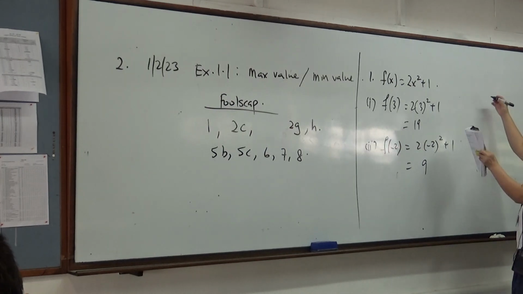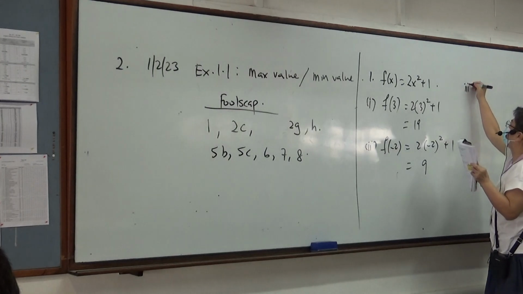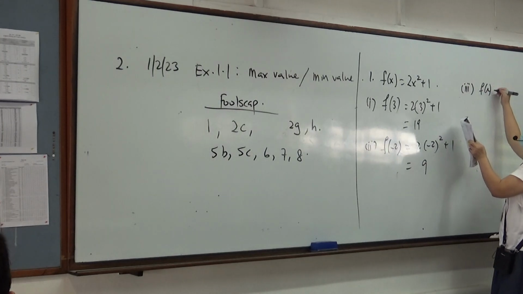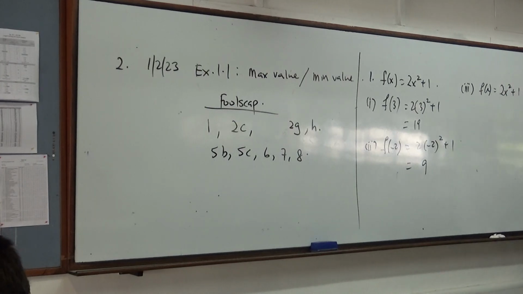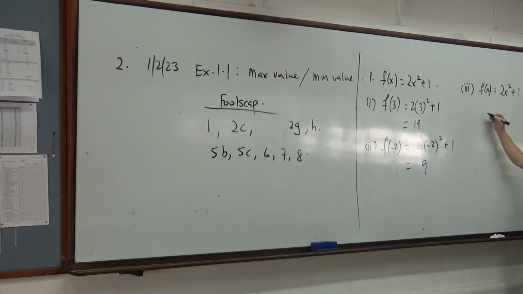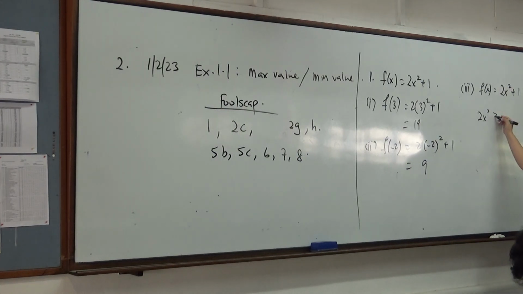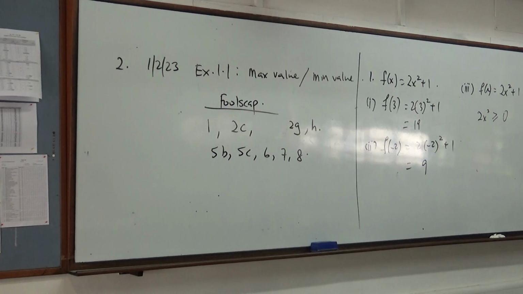All possible real values of f(x). Do you agree that 2x squared is always bigger than or equal to 0? Because it's always positive or 0, right? That means 2x squared plus 1 must be bigger than this, right?